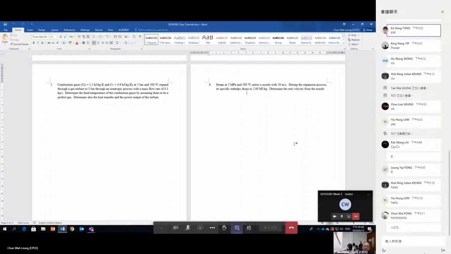So don't keep it at 500 degrees C, but it should be 500 plus 273, which gives you 773 K absolute temperature. Exit pressure is 1 bar, so we change it into 100 kPa. In that case, let us make a start.